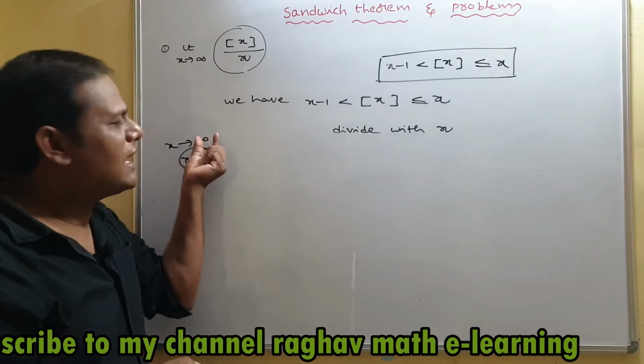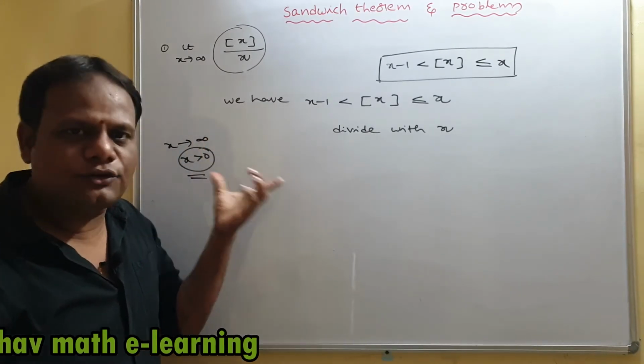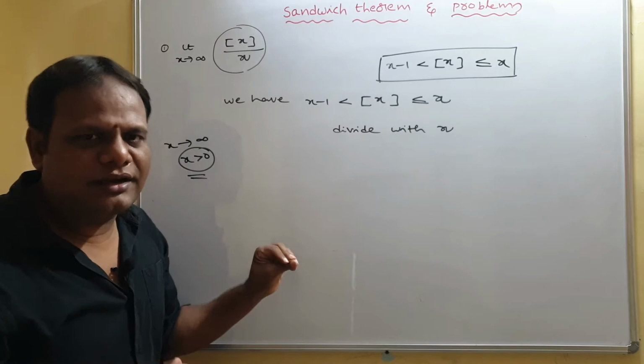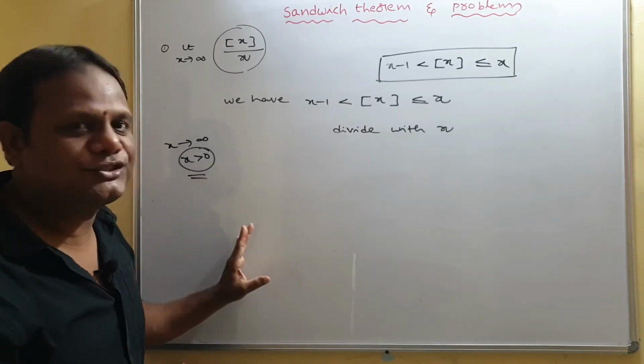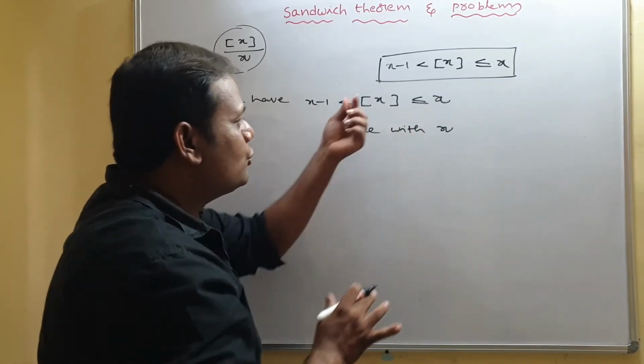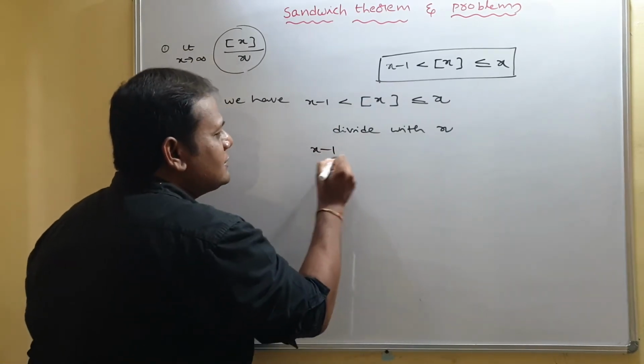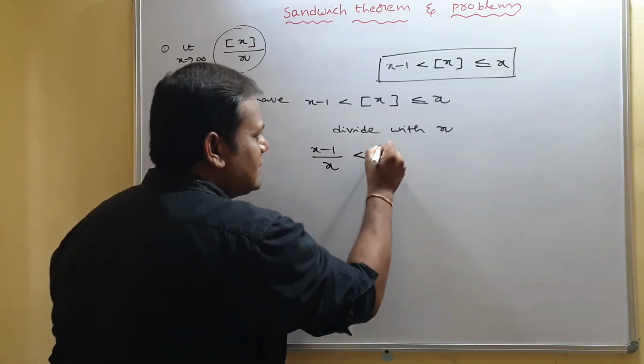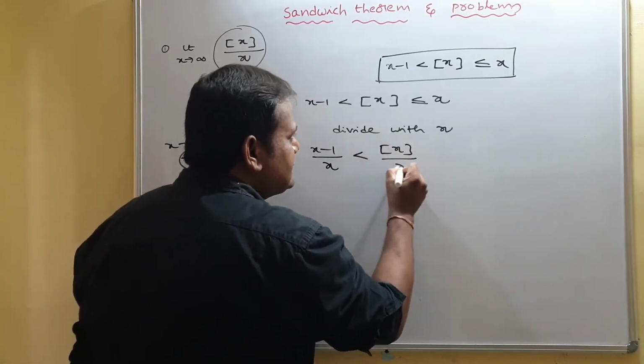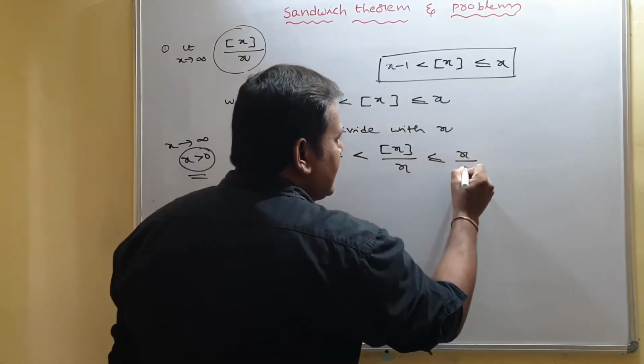Yes, x is a very large number. So is it a positive number or not? Yes, no doubt at all, it is a positive number. That is the reason no change in inequation signs. So you can write it as x minus 1 by x less than step x by x less than or equal to x by x.